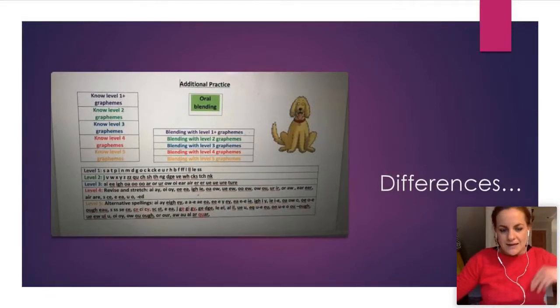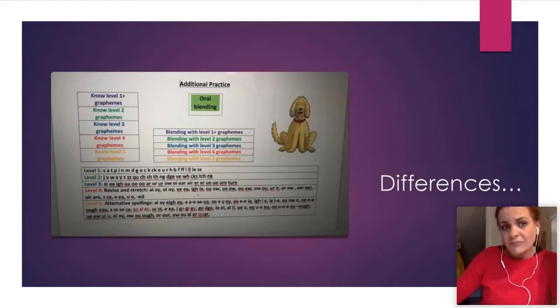Very similar, again, this is a different scheme entirely, Floppy's Phonics. Floppy's Phonics works on slightly different principles. As opposed to phases, each of the sounds are broken down into what she calls levels.